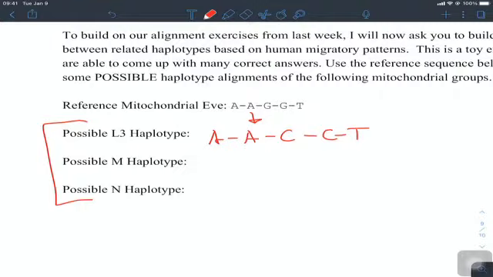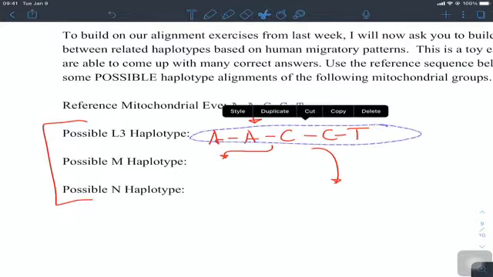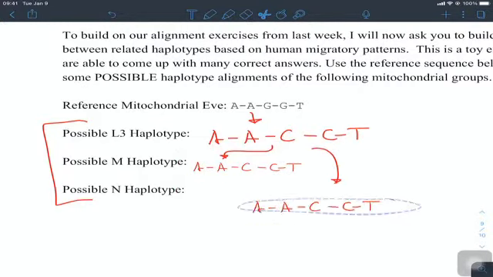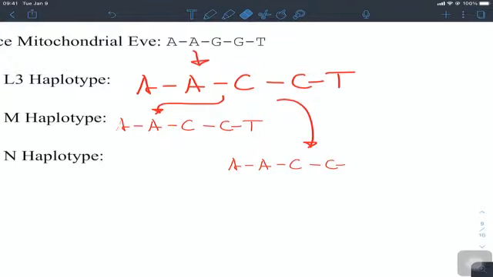Now, M and N are derived from L3, but they have distinct mutations that separate them. So they're going to be built on this haplotype. So I'm going to go ahead and copy our L3 type into our M and our N. But then I'm going to want to mutate different locations in each of them and switch bases.